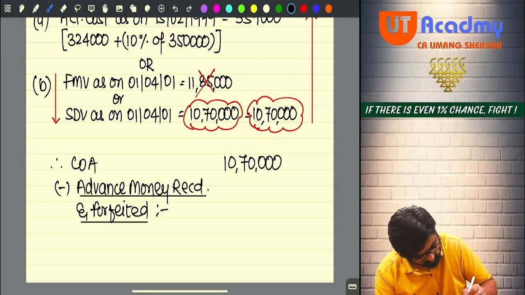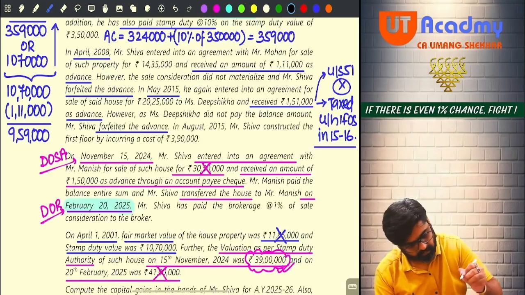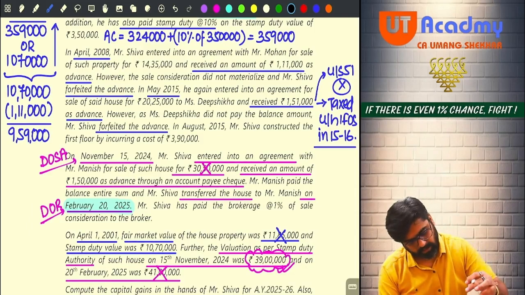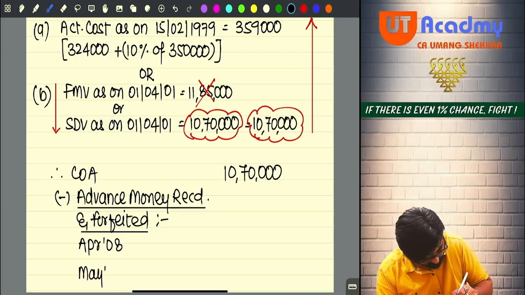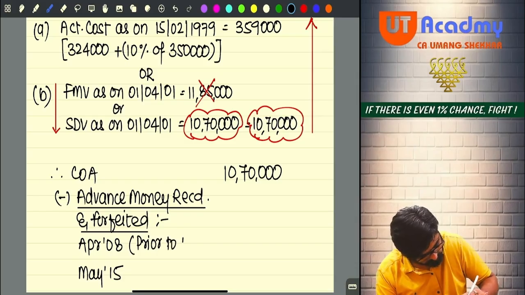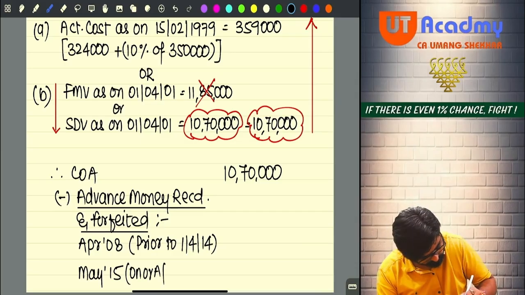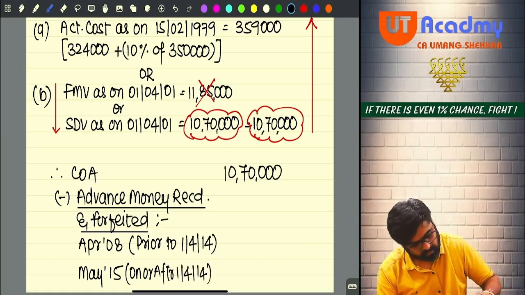First advance money received and forfeited, tell me the date. April 8 and then May 15, no? April 8 and May 15. This is prior to 1/4/2014 and this is on or after 1/4/2014. Yes or no?